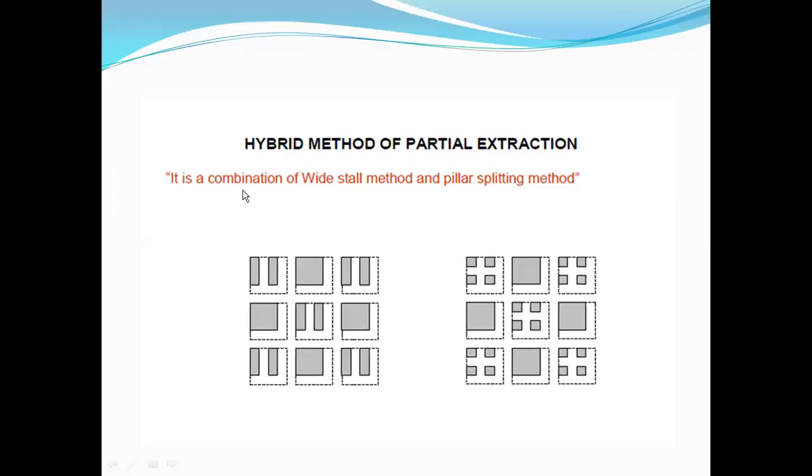That's why they are called hybrid methods of partial extraction. It is a combination of the wide stall method and the pillar splitting method. Pillars will be split, and the width of the galleries or roadways will be widened. That way, we can increase the percentage of extraction, and minimize the amount of subsidence on the surface.